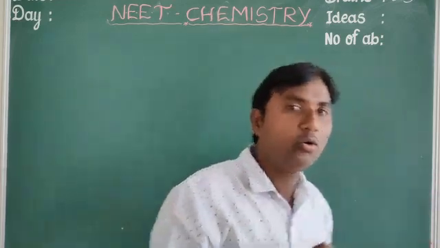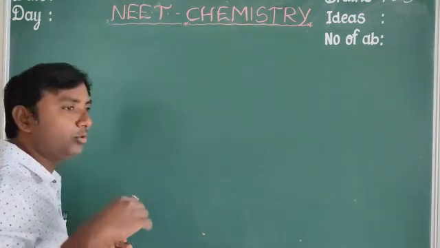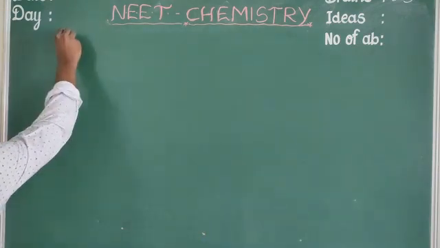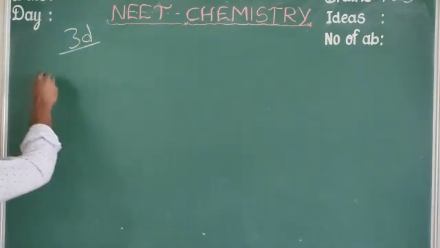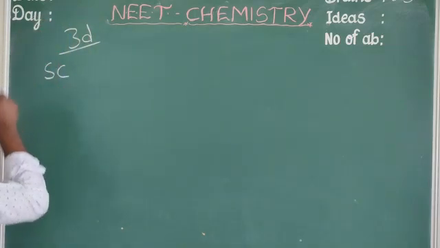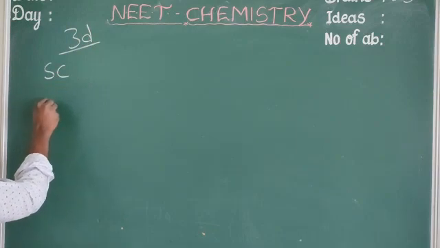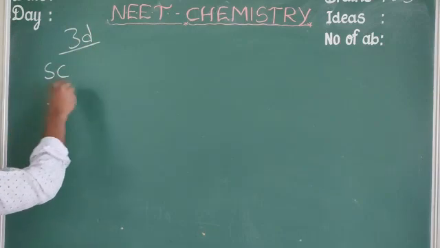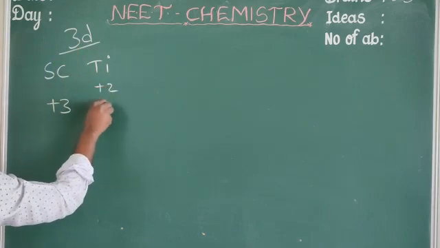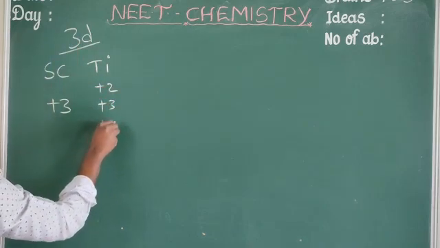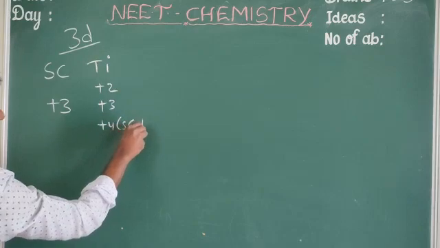Okay, now suppose we have to discuss the oxidation states of the 3d series. Scandium only shows +3. Titanium shows +2, +3, +4; in this, +4 is stable.